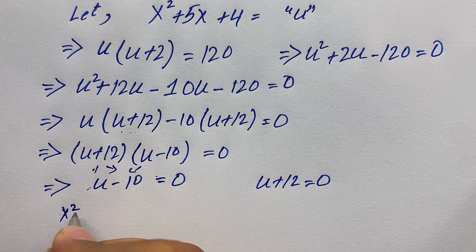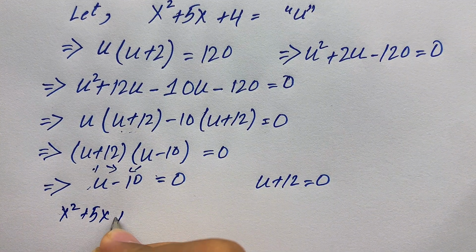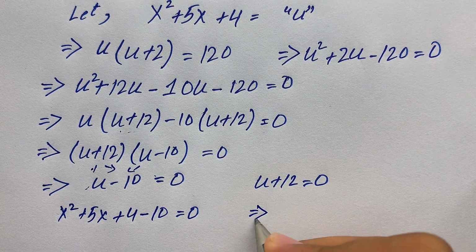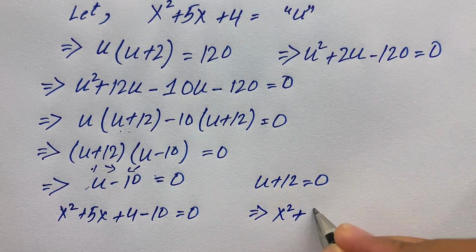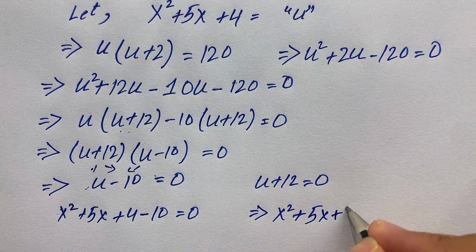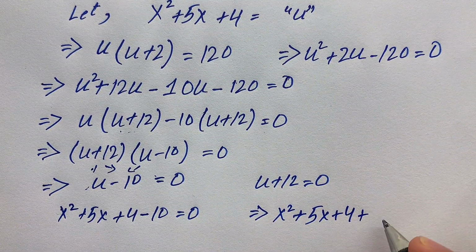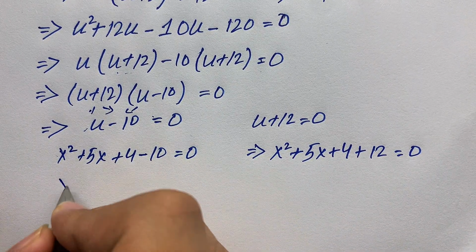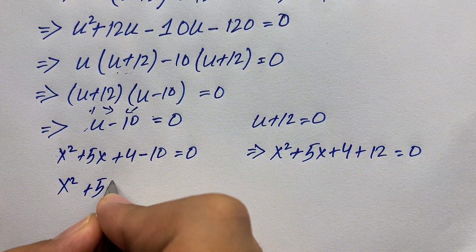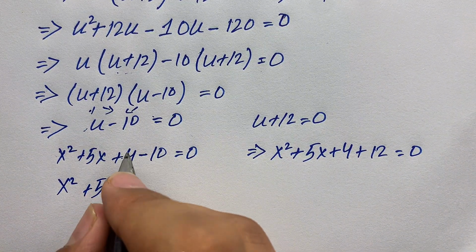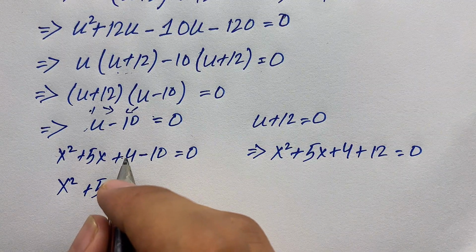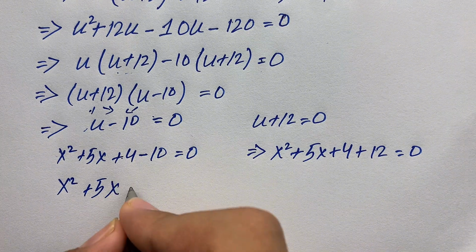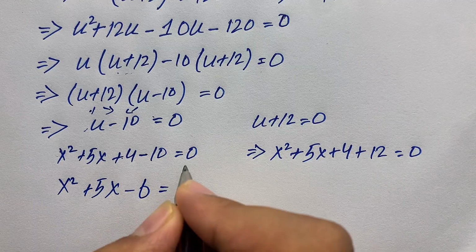After recalling, x square plus 5x plus 4 minus 10 is equal to 0, x square plus 5x plus 6 is equal to 0.